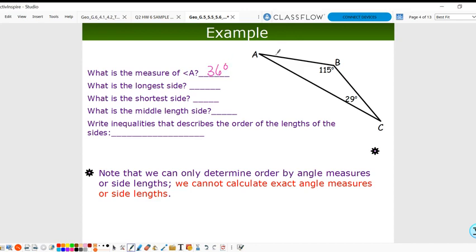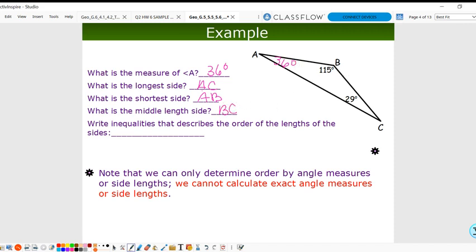Now that I know angle A, I should be able to decide what the longest side is. It's going to be across from my largest angle, so that's going to be side AC. The shortest side is across from my shortest angle. That'll be side AB. The middle length side will be across from the middle angle measure, and that will be BC.